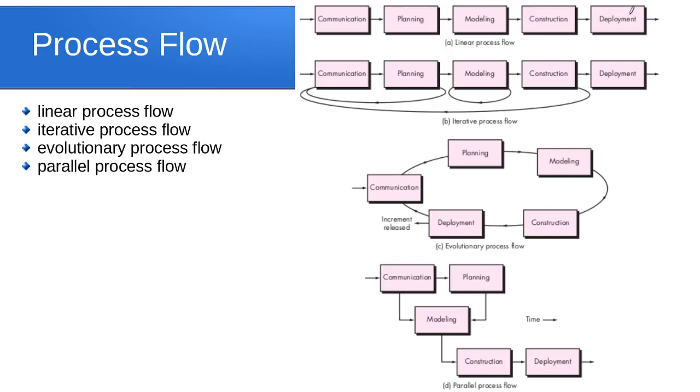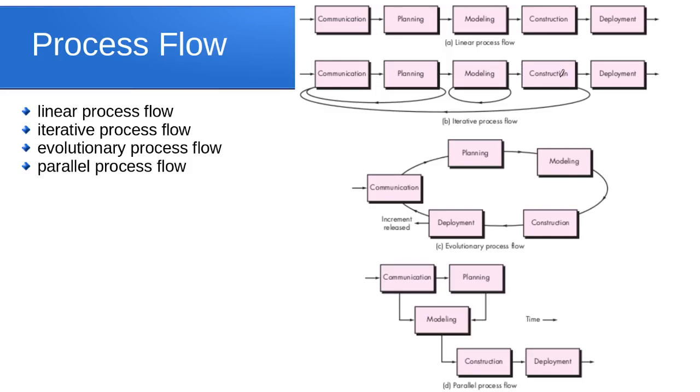However, if we think about iterative process flow, in this case we can see there are certain iterations. Suppose any single phase is being iterated. We have communicated and made a plan, and after that we have made a certain design. We found that there is a fault in this design, and we restarted the design of this model, and we finalized only after the redesign.